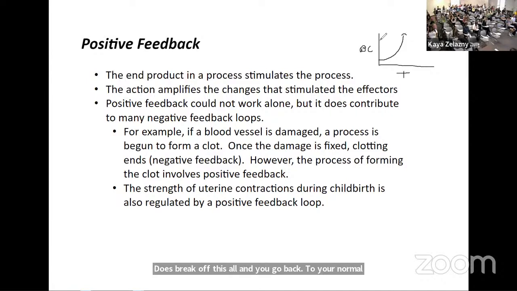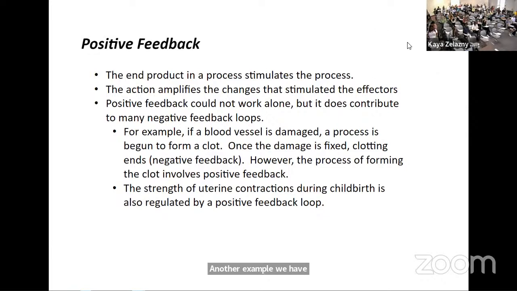So positive feedback is usually going to be followed eventually by some form of negative feedback. Another example we have is uterine contractions during childbirth. So we'll talk about them as they come up, but your best bet usually is going to be negative feedback. We're usually talking about, at least in this course, how we maintain our normal processes.